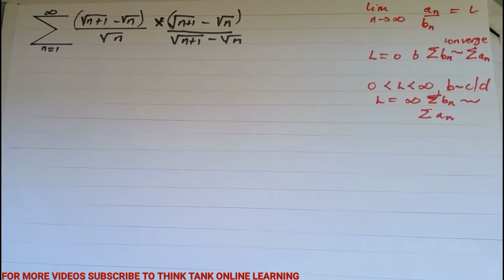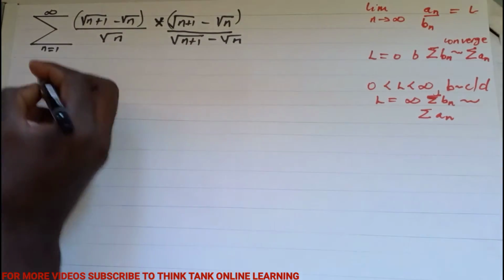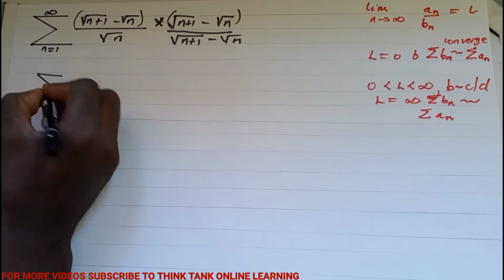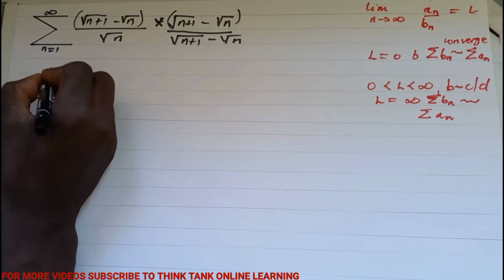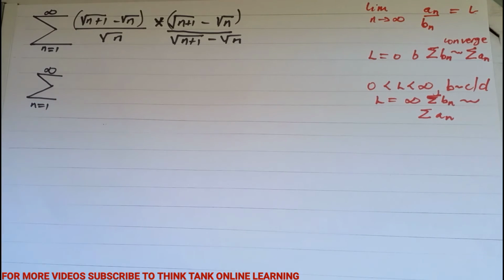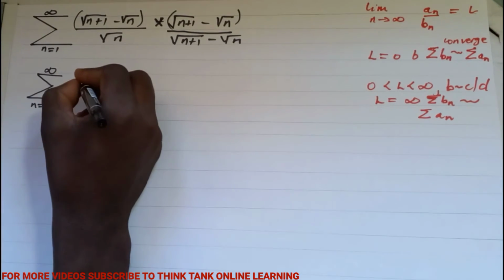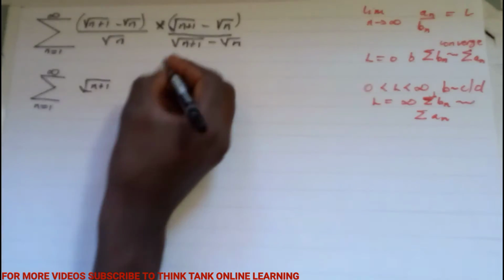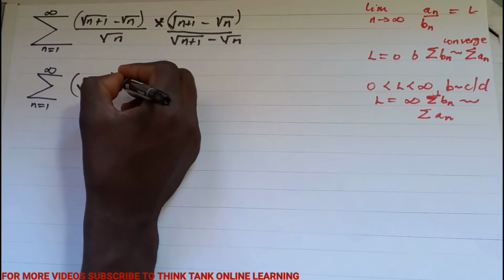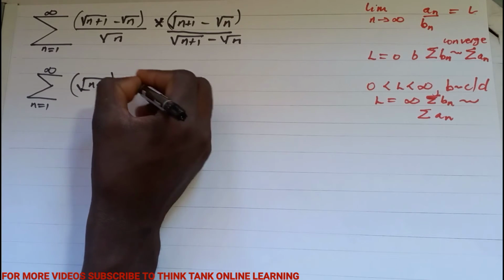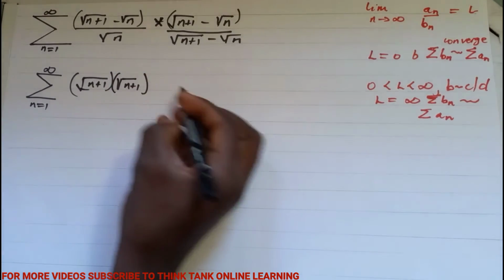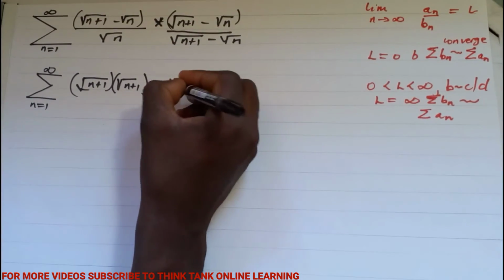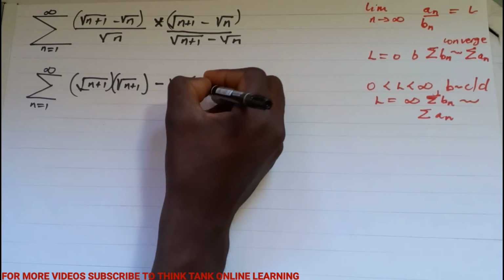Put some brackets here. So that means our series, now we have root n plus 1 times root n plus 1 minus root n plus 1.